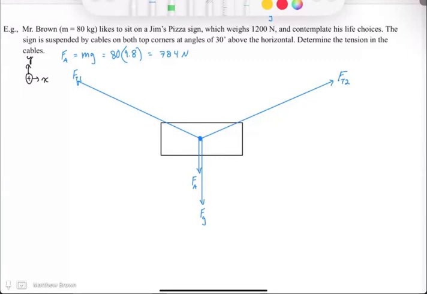And I would probably break these into components because my X and Y axes are the standard ones. Then I would break these into components just so when I'm solving I can look at each dimension independently. And I can do the same thing over here.